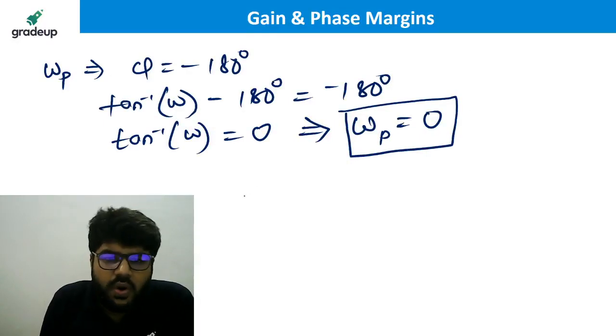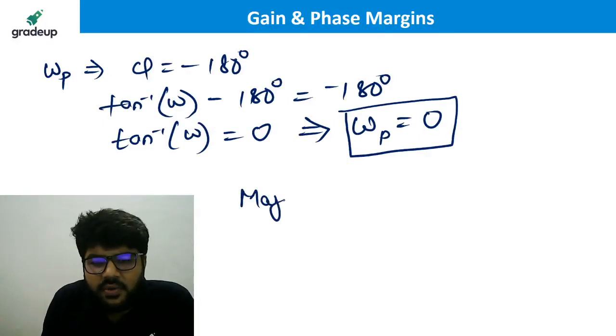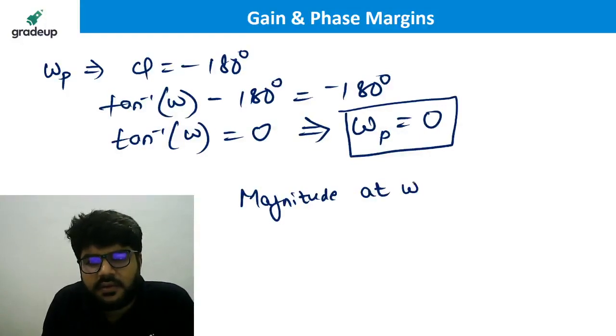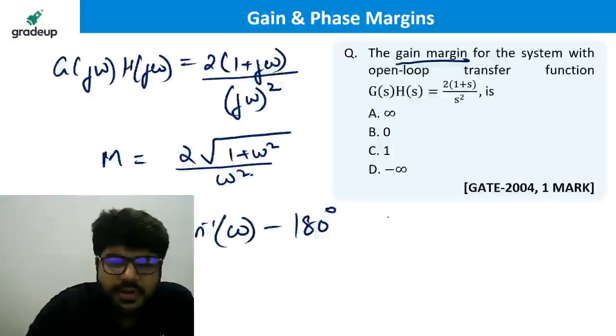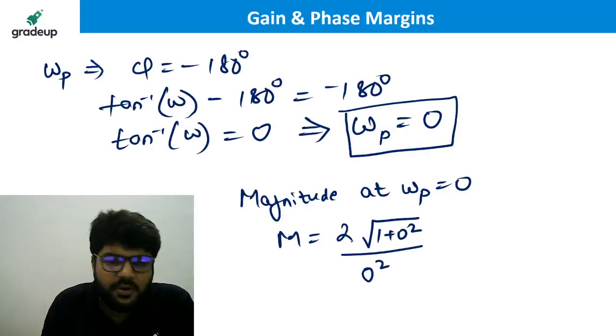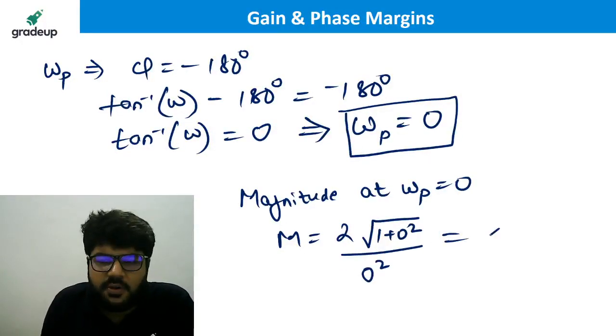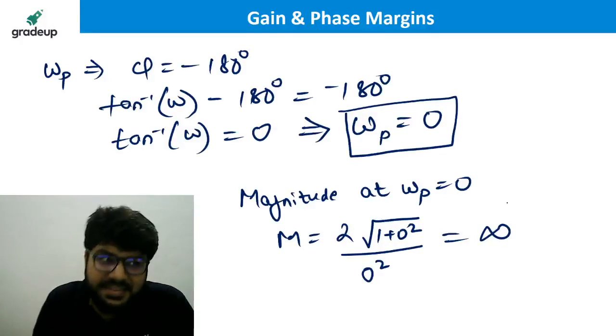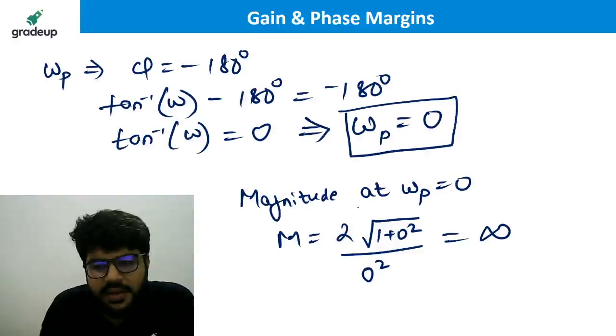Now, what is the magnitude at omega p? The magnitude will be, as you are able to see here, twice under root 1 plus omega square divided by omega square, but because of 1 by 0, magnitude is infinity. Guys, magnitude is infinity.